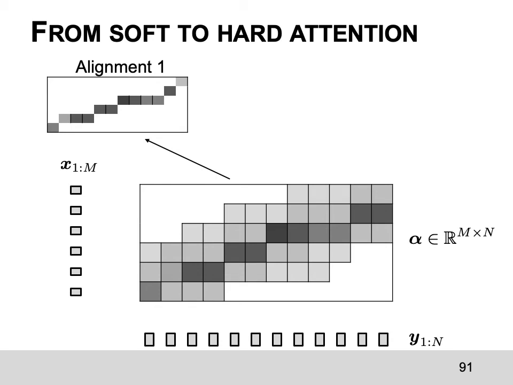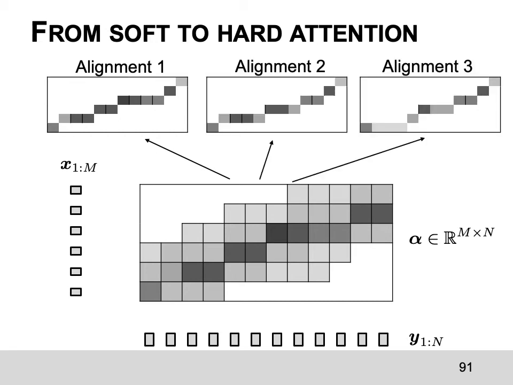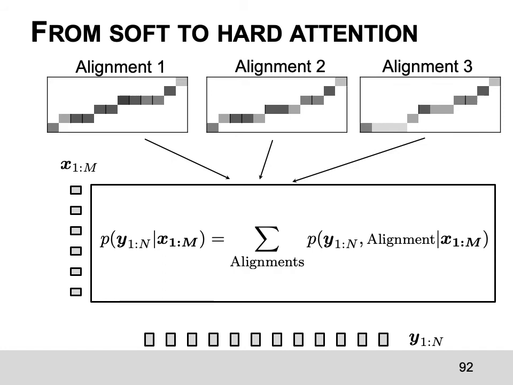However, we have to take into consideration that there are multiple candidates for the alignment, for example, the alignment 2 and the alignment 3. And we have different probabilities to draw these samples. Accordingly, during training, we have to take into consideration the uncertainty with different alignment.